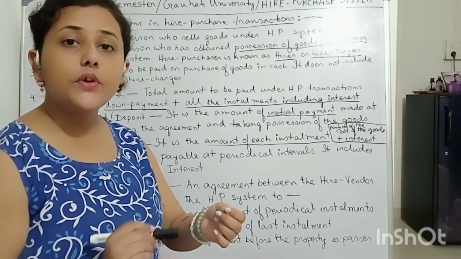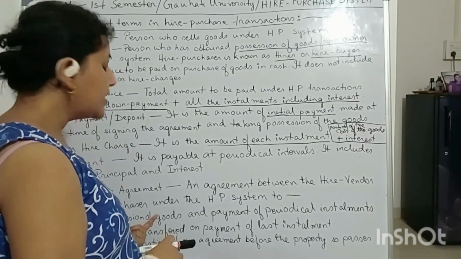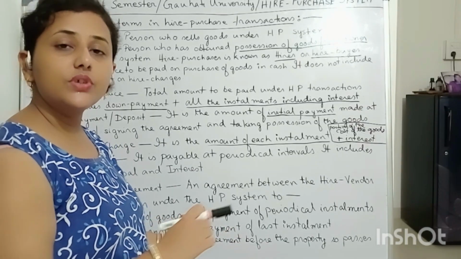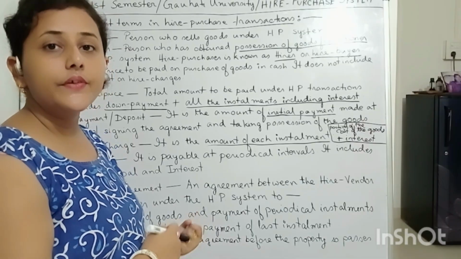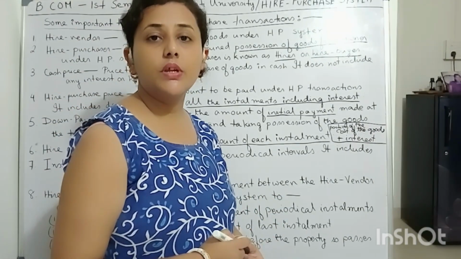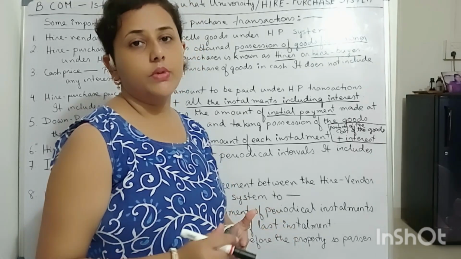It is an agreement which will contain what? Possession of goods. To acquire possession of goods. Possession of goods will be with the hire buyer after signing the agreement. Then payment of periodical installments.